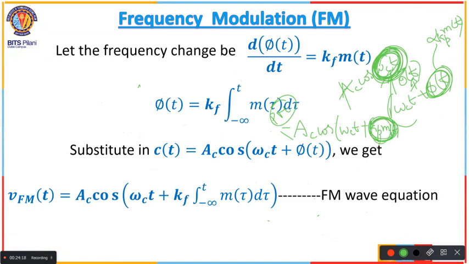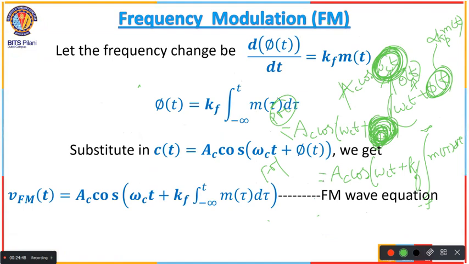Suppose I want to write the same equation as a frequency modulated wave. What is the relation between phi of t and m of t? Just now I told you. What is that? That is AC cos of omega ct plus kf into integration from minus infinity to infinity of m of tau d tau.